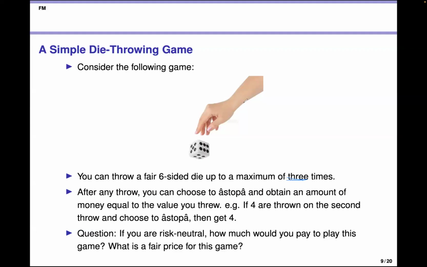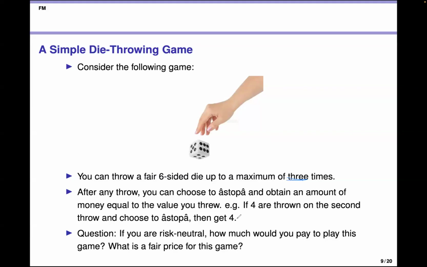I would like to ask you, who organized this game? I think no one, because if someone organized this game, he would need to pay everyone, from 1 to 6.